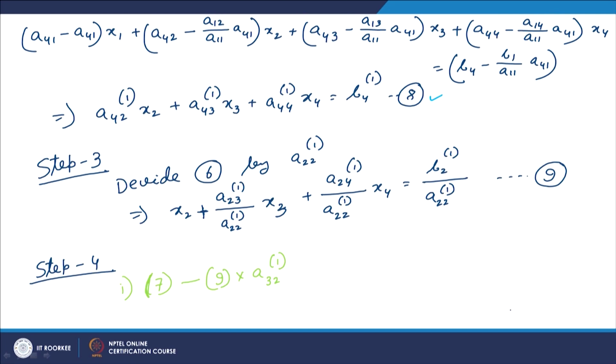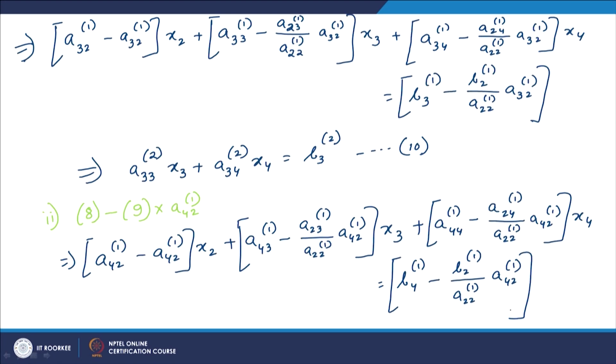Once we get this, x2 is gone, so we can write this as A432 x3 plus A442 x4 equal to B42.